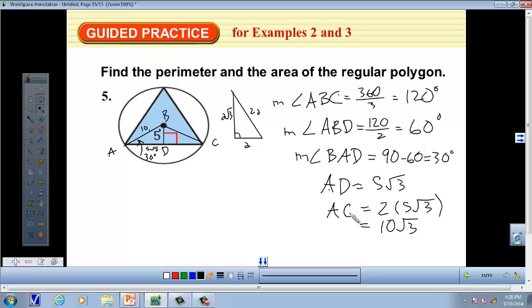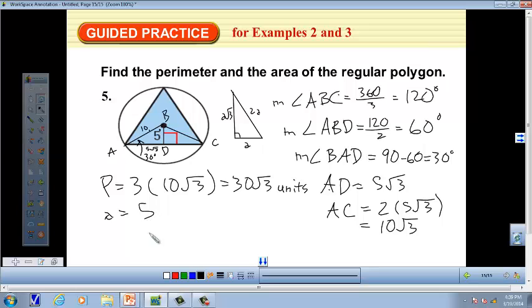Now to find the perimeter, there's 3 of those, so it's 3 times 10 rad 3, or 30 rad 3 units. We know our apothem is already given to us, that is 5. So to find the area, it's 1/2 AP.